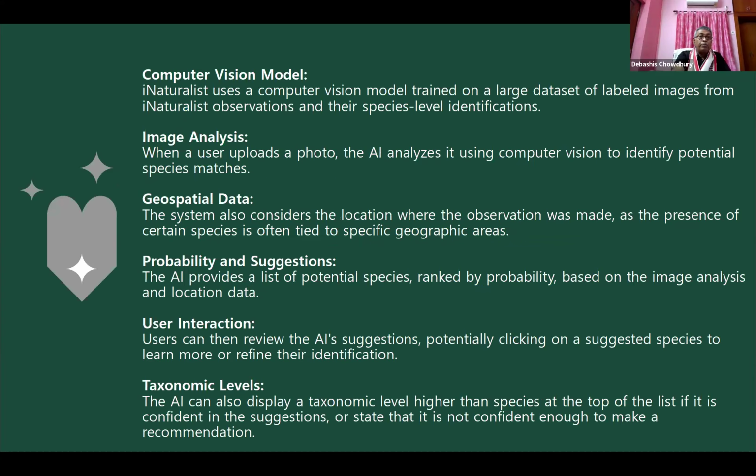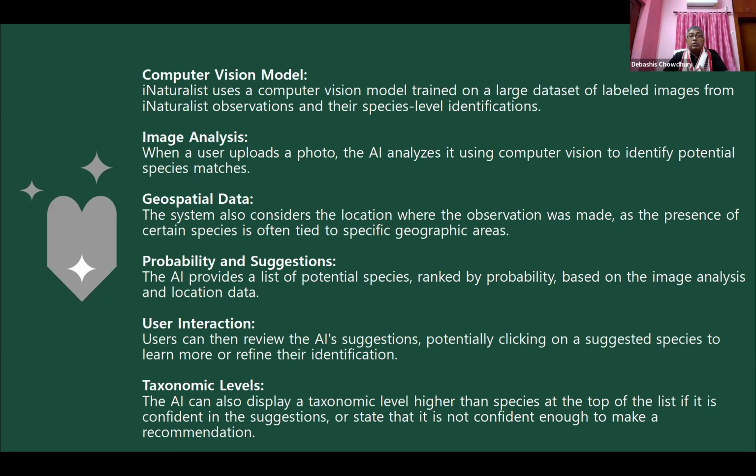See how it works. Computer vision model. iNaturalist uses a computer vision model trained on a large dataset of labeled images from iNaturalist observations and their species level identification. So iNaturalist has a pool of a huge dataset of labeled images.